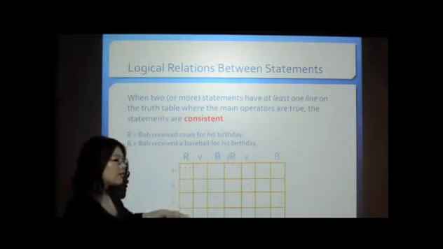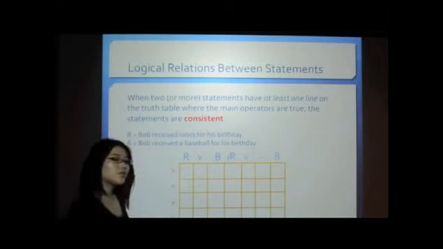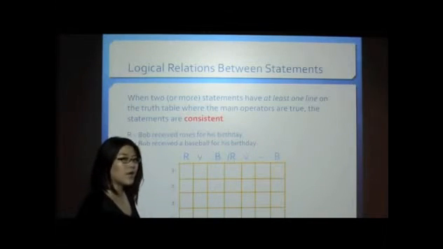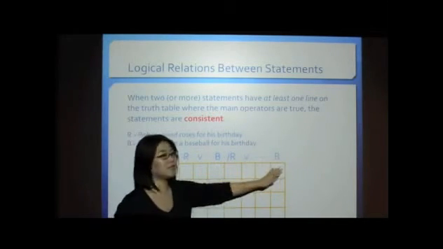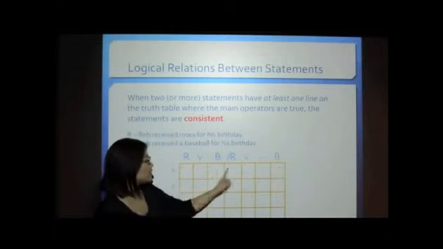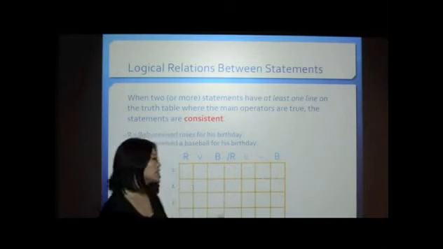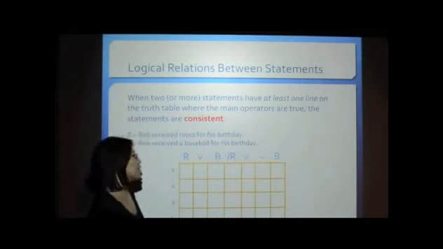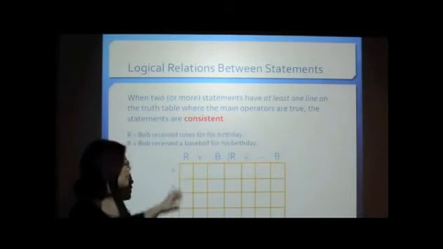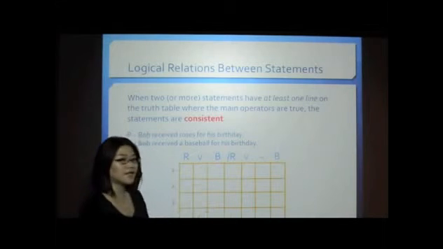You figure out how many lines you need using the rule L equals 2 to the n, where n equals the number of distinct variables. Here we have two distinct variables among the statements: this has R and B, and this one uses R and B again. So 2 to the second power is 4, so we have 4 lines here. We went ahead and put the columns and the lines in.